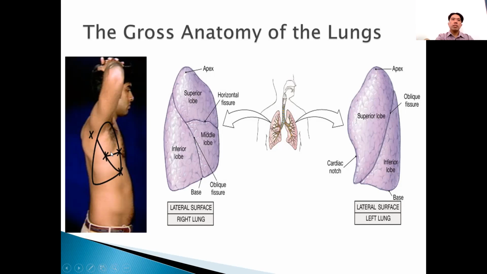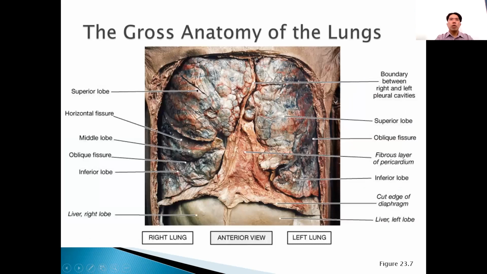Lateral landmarks here would say that the horizontal fissure is in parallel with the nipple line. So you would remember anatomically, your nipple line would coincide with your horizontal fissure. Gross anatomy here is a cadaveric dissection.